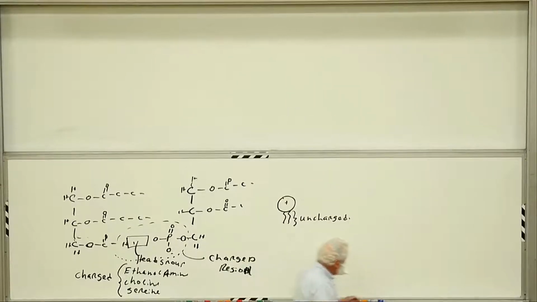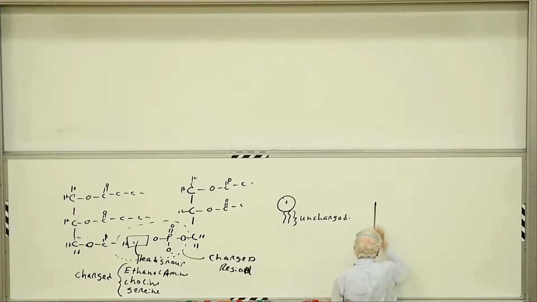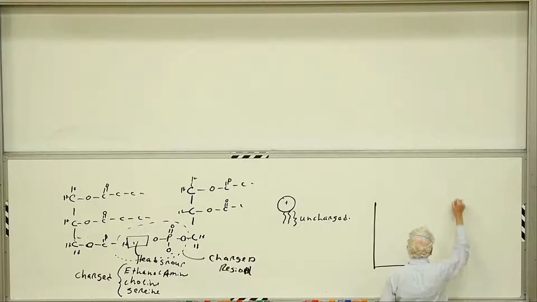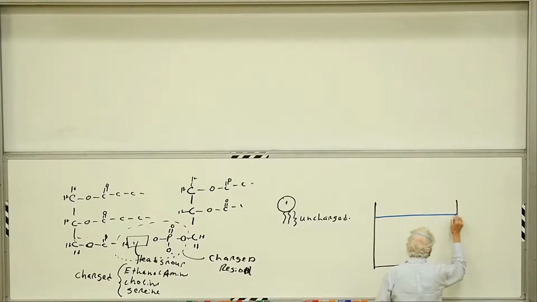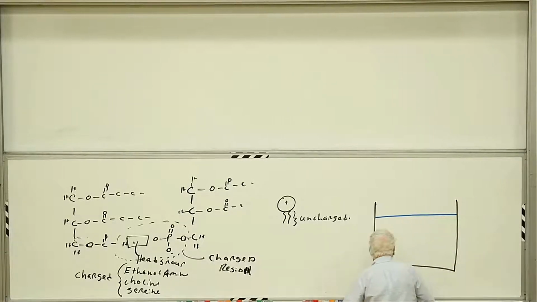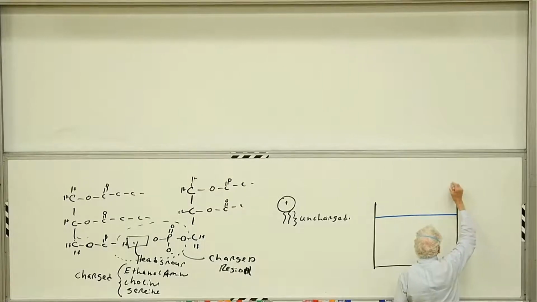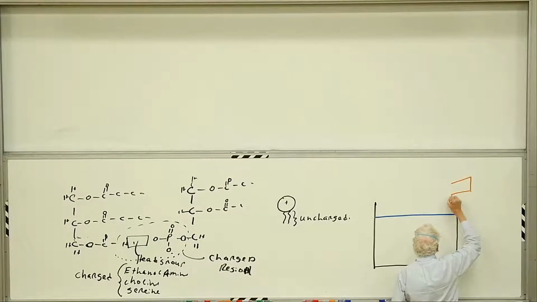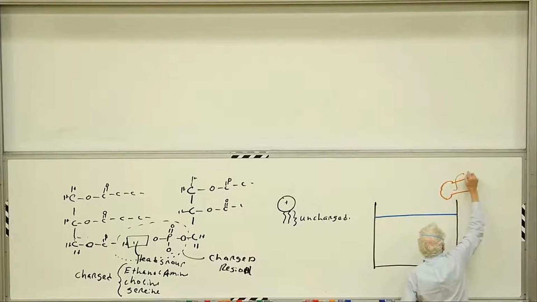Well, in its simplest case, we can imagine taking a beaker of water and then having in our mind's eye and our thought experiment here a kind of salt shaker. And in the salt shaker are phospholipids.